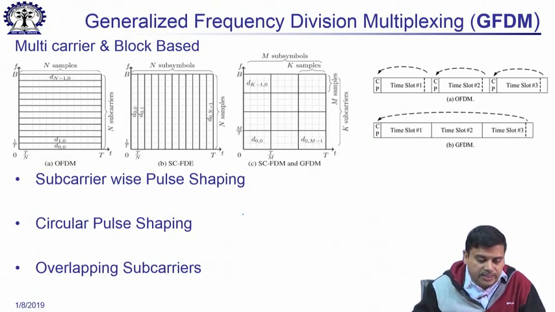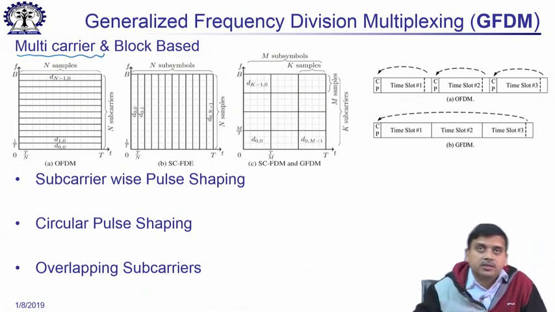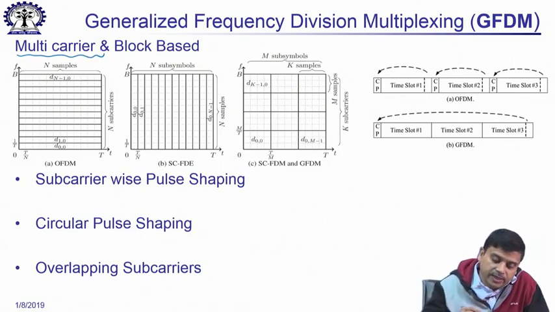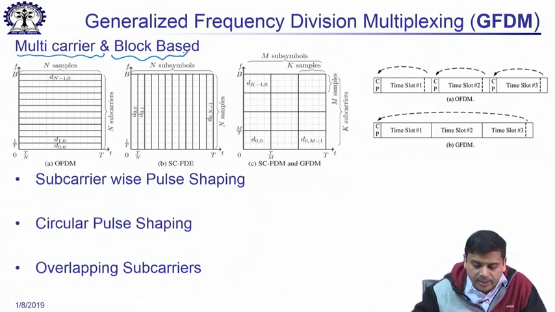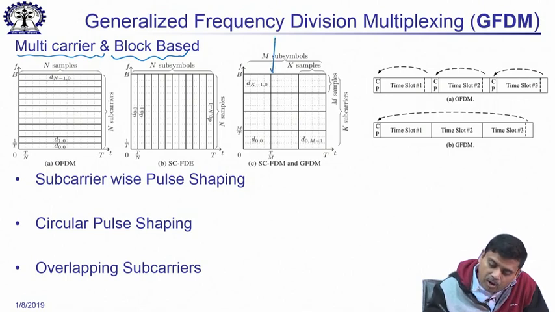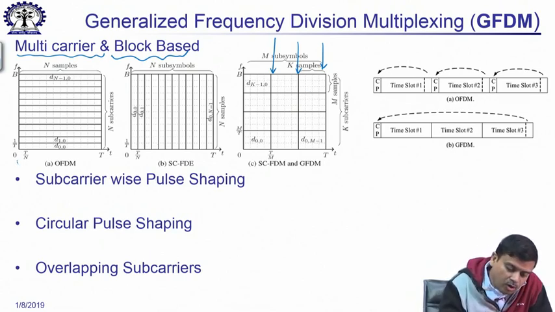What we see is that it is a multi-carrier framework, which means it has a spectral efficiency advantage. It is also a block based system, which means that one can transmit in blocks of data. For example, if one has OFDM, all subcarriers go in parallel in frequency.